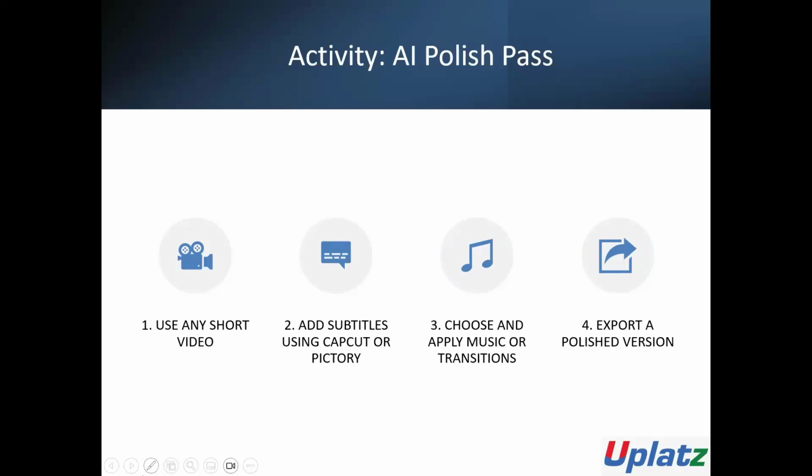Next, and the last part, is we can export a polished version. And that's something which we can do in the simplest of steps. And that is really, really fascinating, how we are able to perform all these steps in the best of ways.